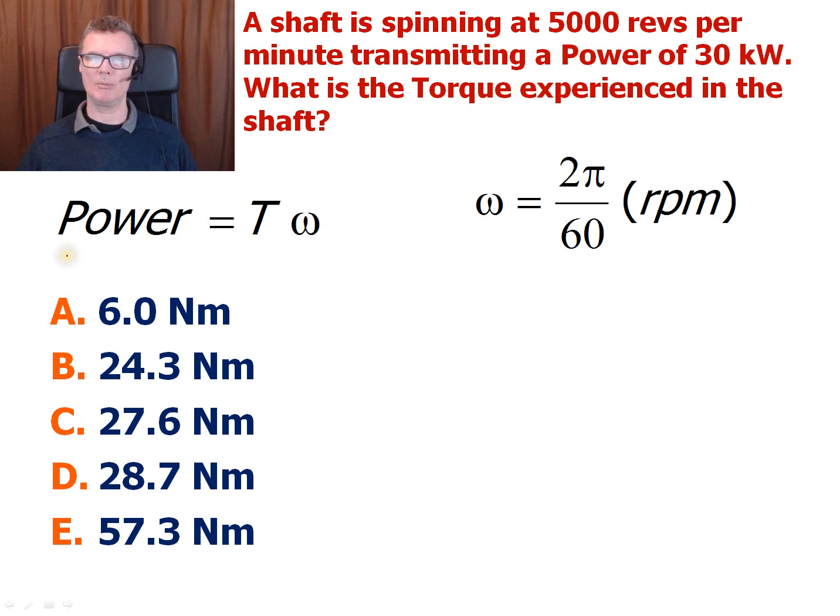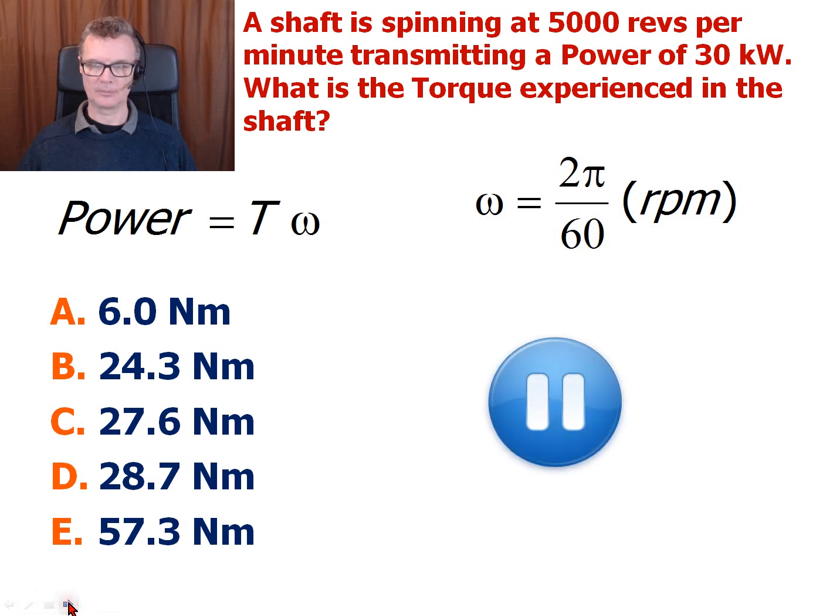We're going to use the equation power equals torque times angular velocity. And to convert our RPM into angular velocity, we'd use 2 pi divided by 60. Hopefully that's enough information for you to pause the video to work out the answer, and once you think you've got it, press play.